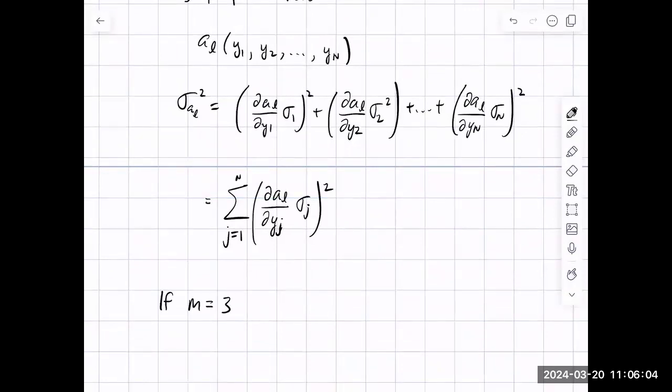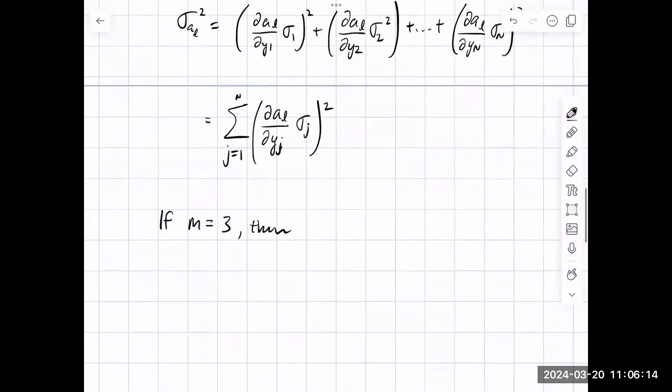So if you'd like, you could have that picture in your mind for m equals 3. If m equals 3, then we would have 3 fit parameters expressed in terms of a 3 by 3 square matrix, and the square matrix elements are epsilon 1,1, epsilon 1,2, epsilon 1,3.